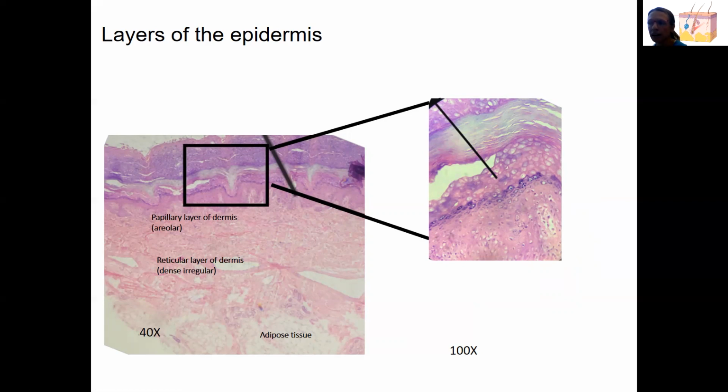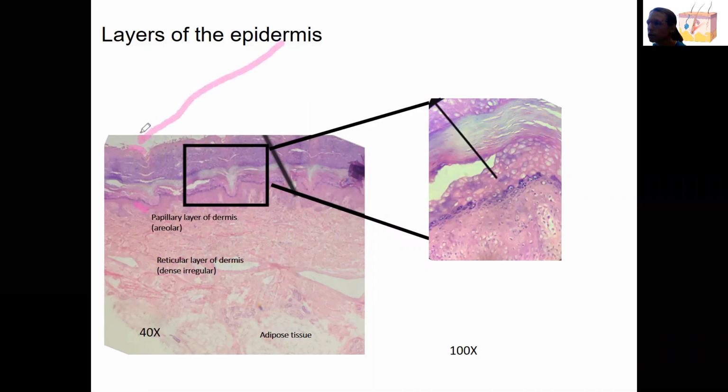Then above that, we're going to get into the epidermis. So from right about here to here, that is all epidermis. And actually, I could go ahead and indicate that here. Epidermis is what we're focused on here.